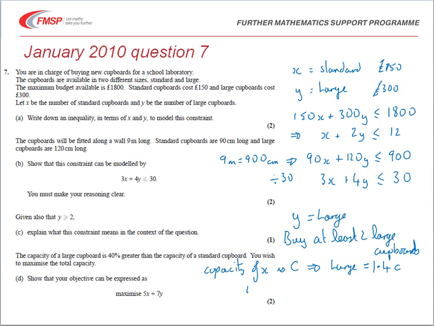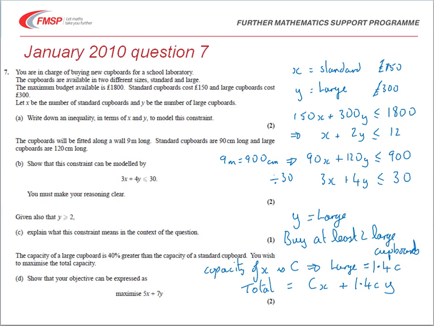So the total capacity is going to be C times X plus 1.4C multiplied by Y, the number of large cupboards.